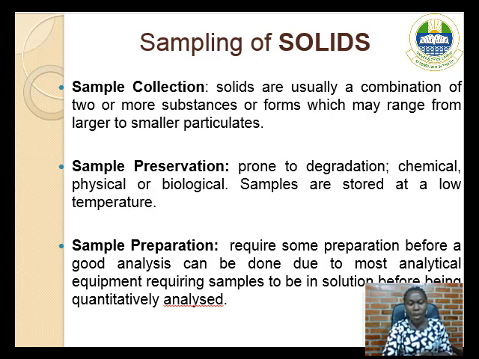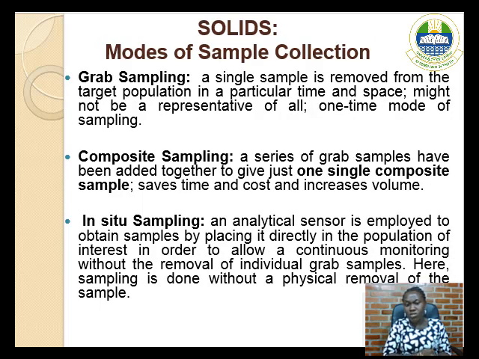Now let's go to our modes of sample collection. The other time I talked about sample collection, it could be in basically three different forms. It could be through grab sampling, composite sampling, and in situ sampling. And what do I mean by grab sampling? This is when a single sample is removed from the target population at a particular time and space.